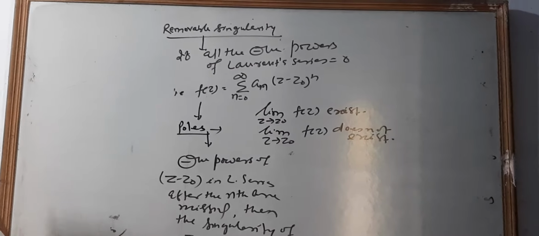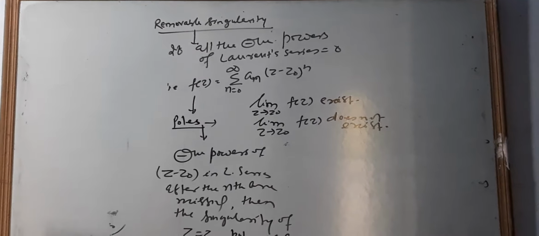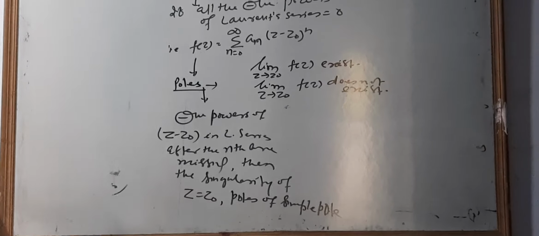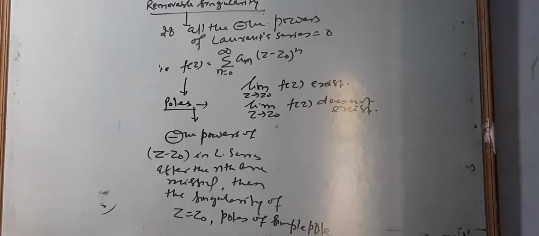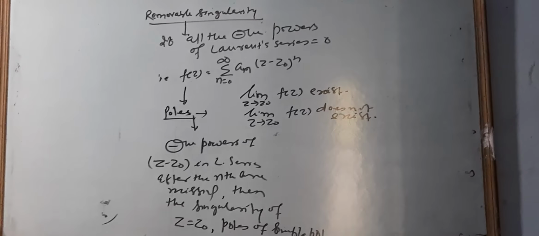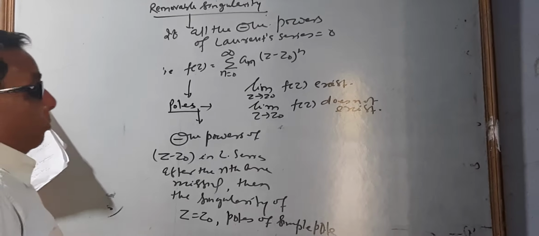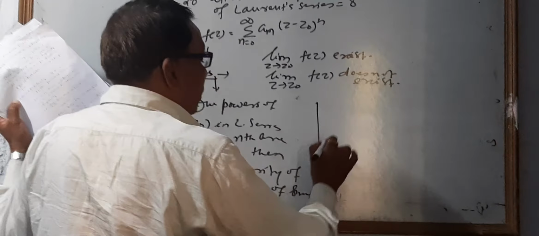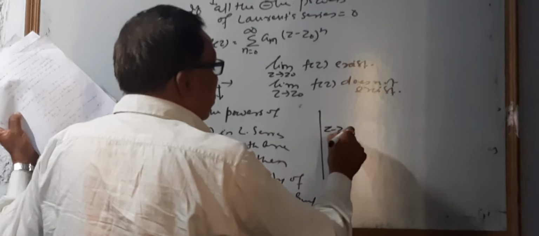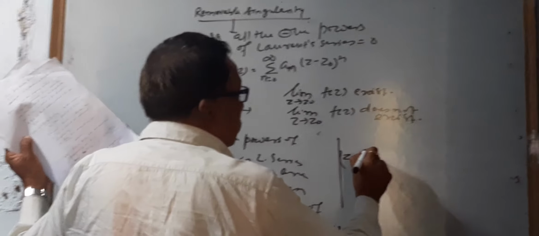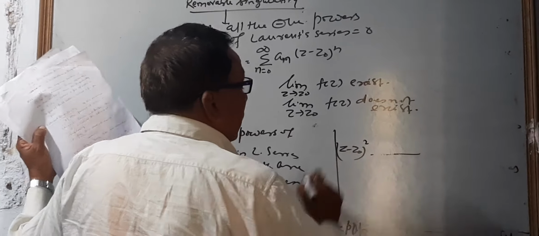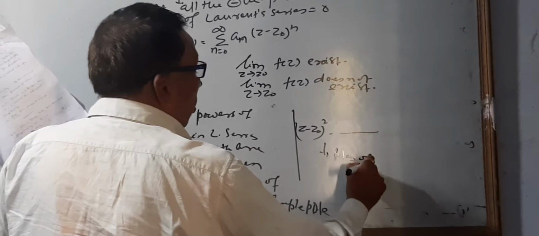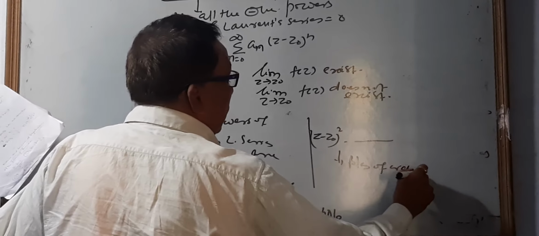Otherwise, a pole having more than one order is known as pole of order n. That means (z minus z0) square, etc., is known as pole of order n.